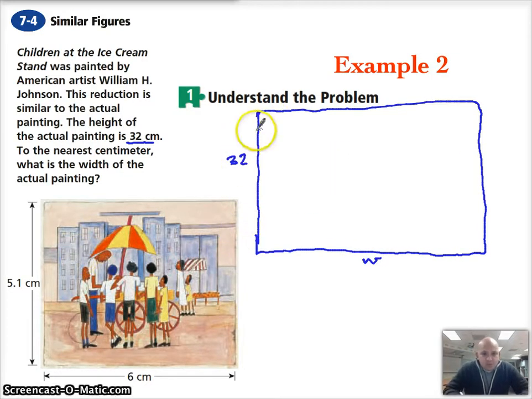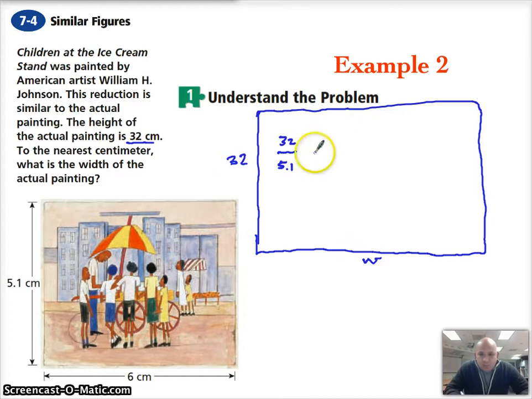We know 32 is to 5 1/10. 32, these two sides, the height. So we started with this particular one.